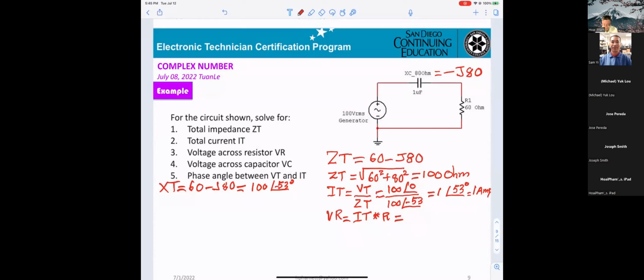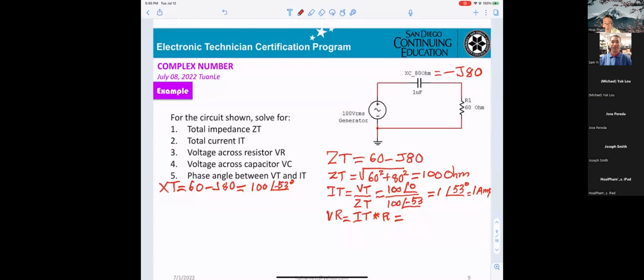I total times R, so this is 60 volts at a phase angle of 53. Okay. You multiply using phasor.